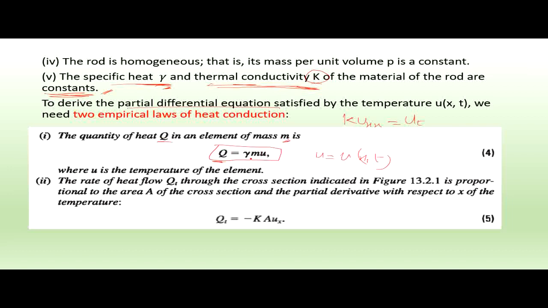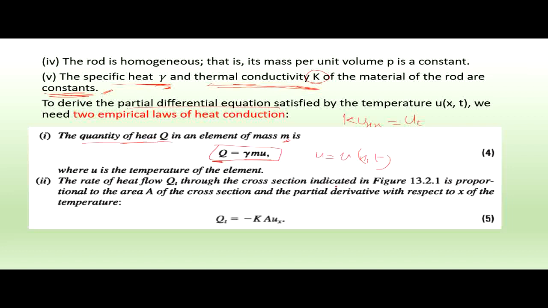If these three are known, you find the multiplication of these three, that is called the quantity of heat. This is the first law, called equation number 4, where U is the temperature of the element. Next law, second law: the rate of heat flow Qt with respect to the time t. That is the derivative of Q, isn't it? With respect to t.